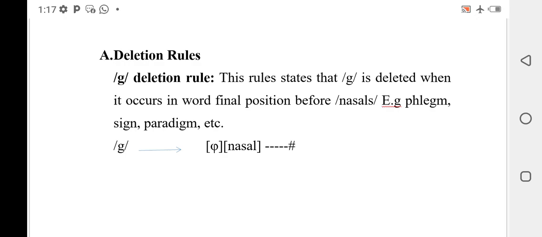Okay, that is why it is talking about a word position. But if it was looking at syllable, it would tell you a syllable position. Okay. Now, so we have paradigm: G becomes deleted when it comes before a nasal at the word final position. This is the way you are going to state what we have said in a formula version. Okay, that is formalizing this G deletion rule. Now that's the way it has been formalized.